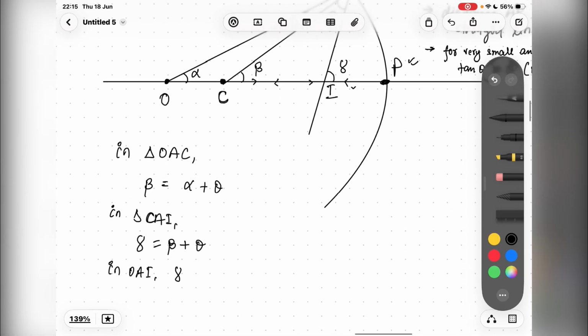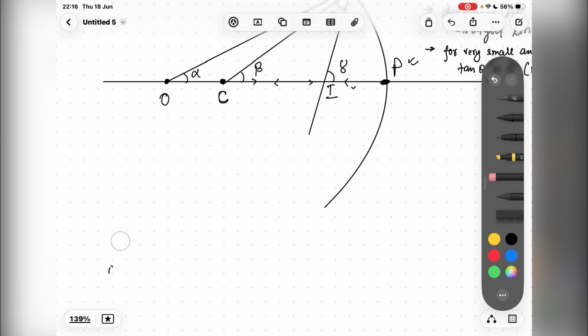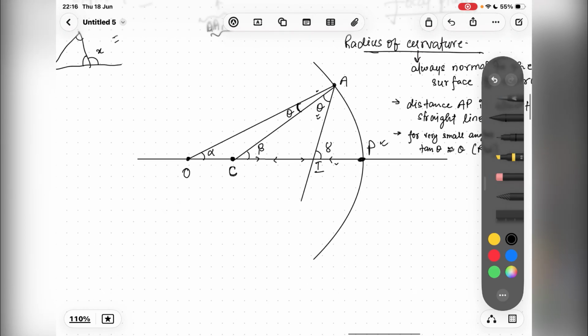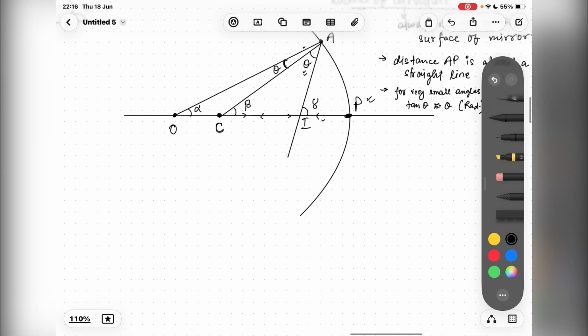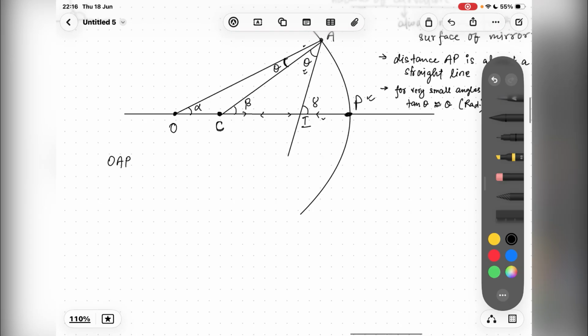Let's come back. Let's remove all the unnecessary stuff. What we have here now is triangles. So let's see in triangle OAP.